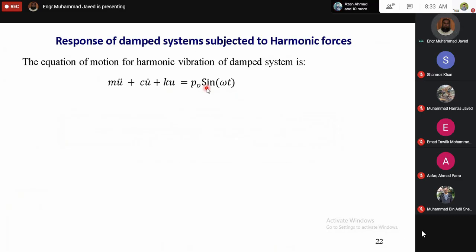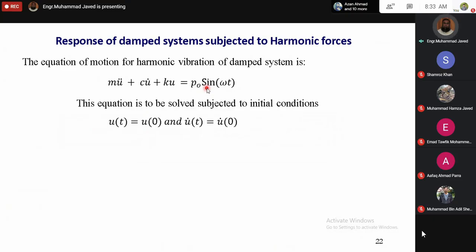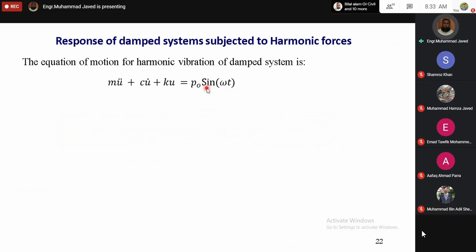And again, this type of differential equation has two parts. One part of the solution is particular solution and the second one is complementary solution.